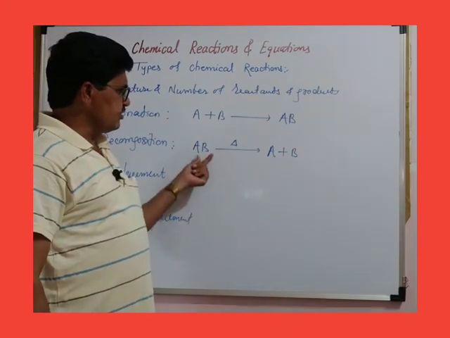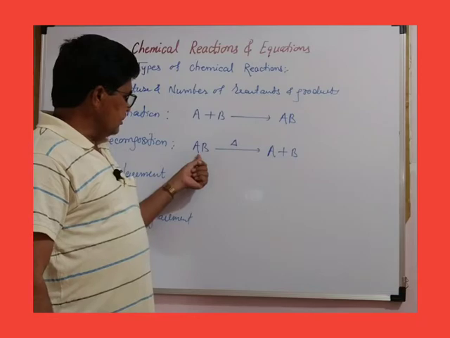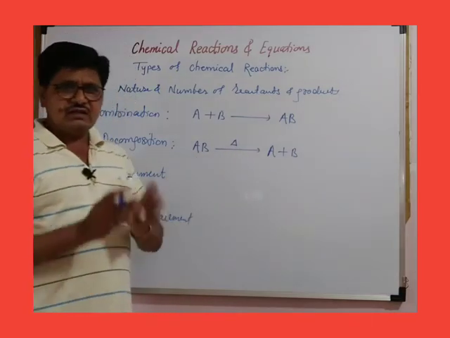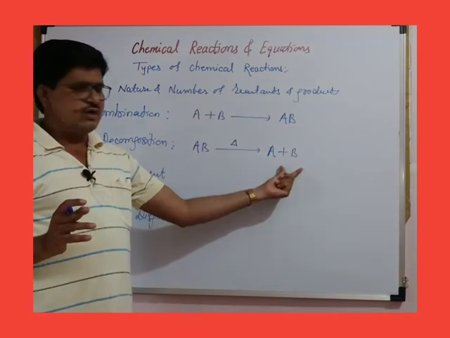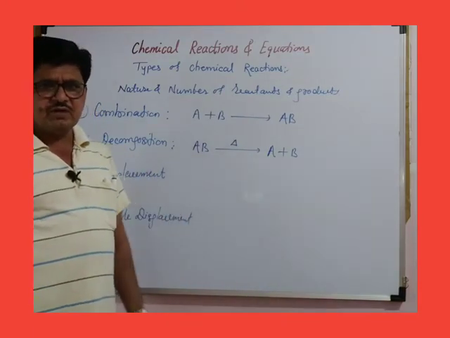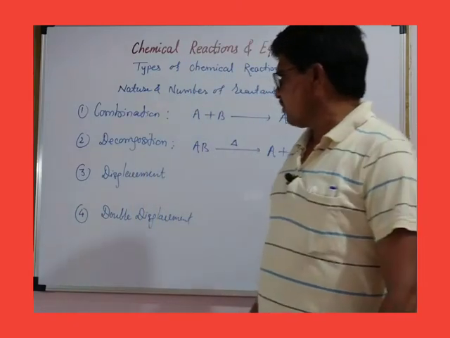Due to the heating, there is a breaking of the bond between A and B and new products are formed. There are 2 products formed. That type of chemical reaction is known as the decomposition reaction.